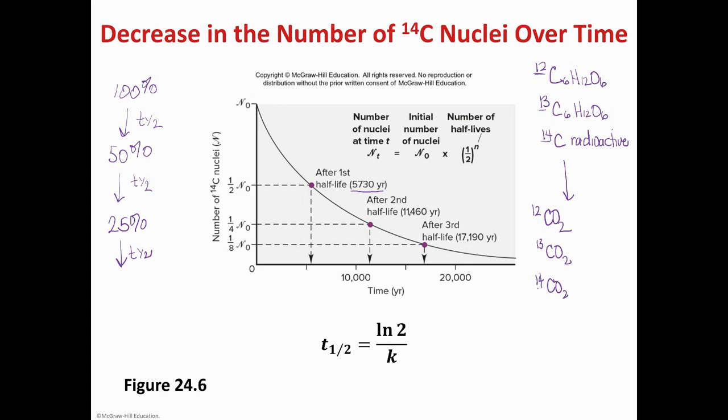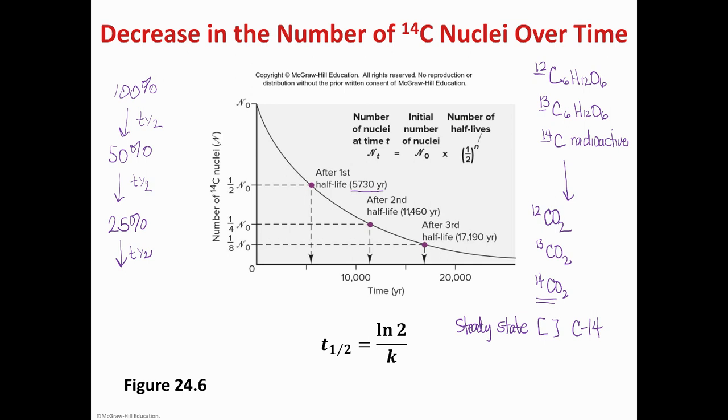So we release some of that carbon-14 when we breathe. So we have what's called a steady state concentration, because we ingest but then we breathe out. We have a steady state concentration of carbon-14 in our bodies as long as we're breathing and eating.